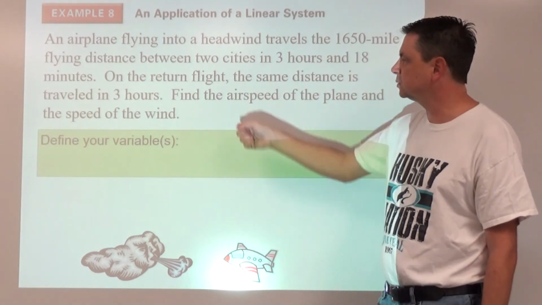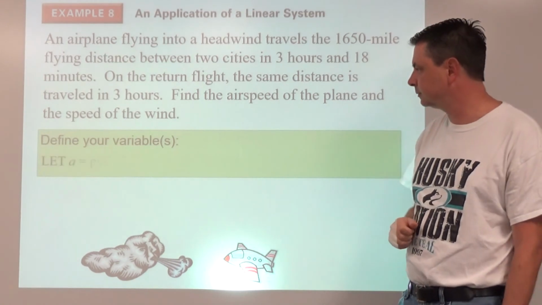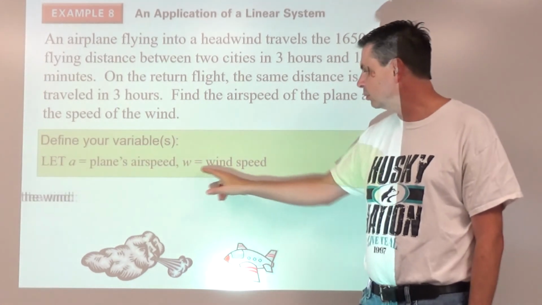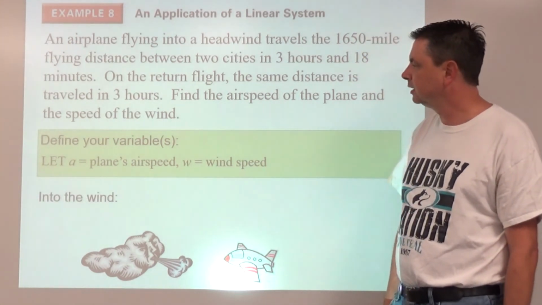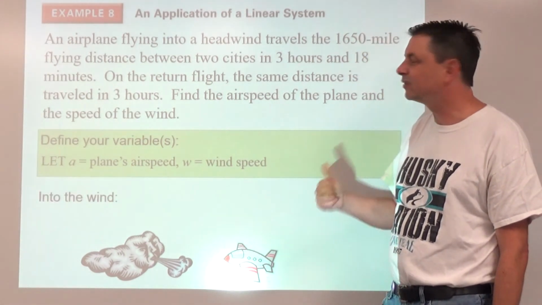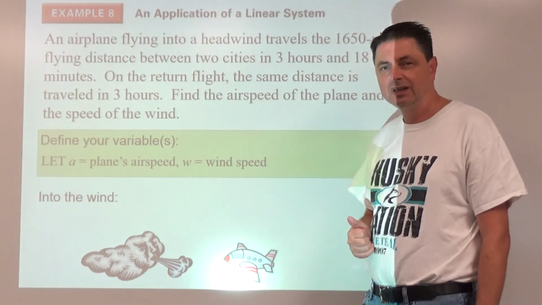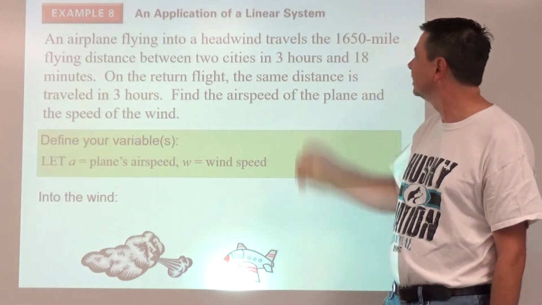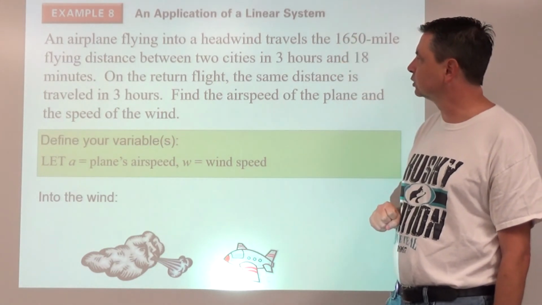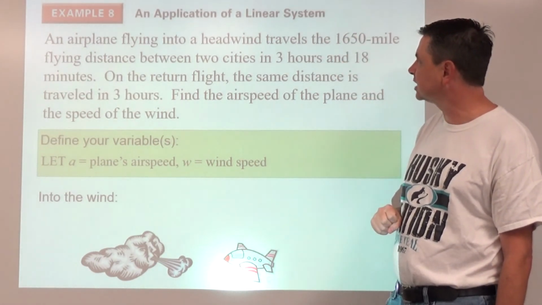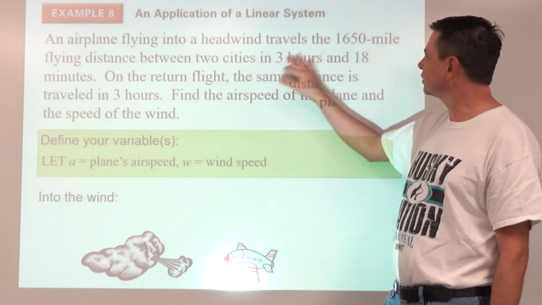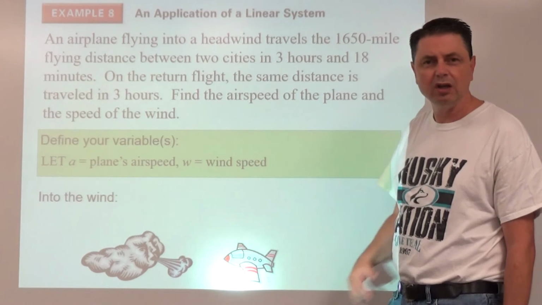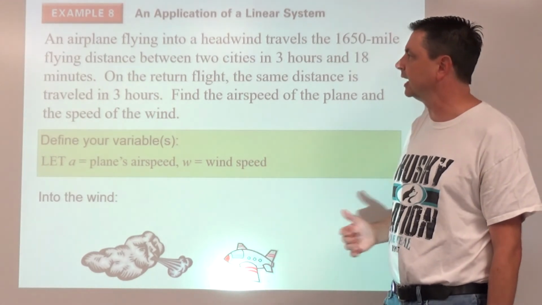Airspeed of the plane, speed of the wind, those should be our variables. So A would be the plane's airspeed, W the wind speed. So into the wind, we've got a distance problem. Distance equals rate times time. So that's how we're going to base our equation. Well, we know our time, but 3 hours and 18 minutes, we'll probably need to convert that into a decimal or a fraction, something like that.